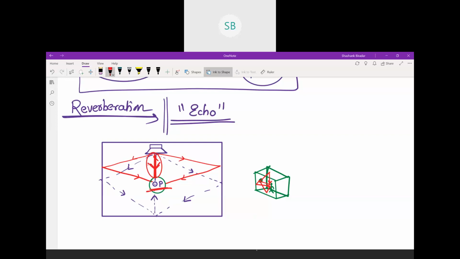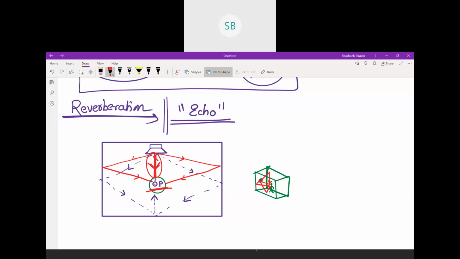If this delay, due to multiple reflections, is less than 60 milliseconds, then the effect of echo is to prolong the sound. The sound will continue to persist even after the source stops producing the sound. Have you got that?